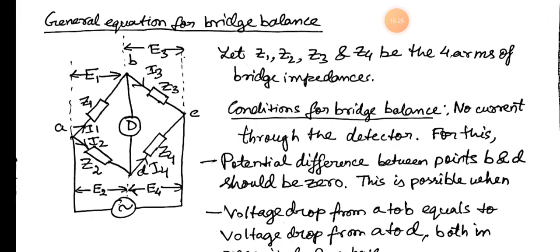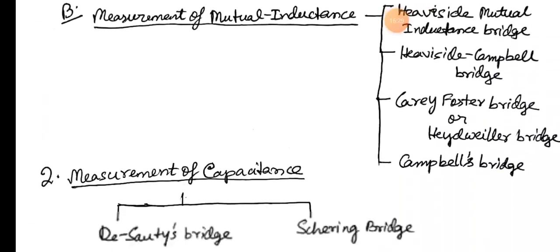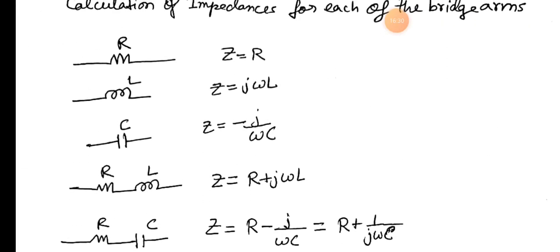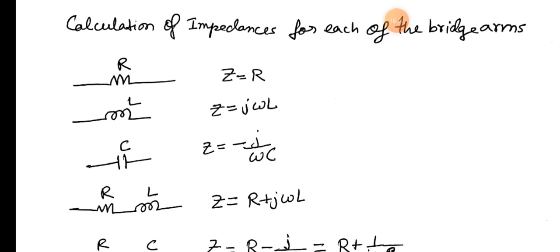So I thought of making another chart, which is this one, to show that when each of the passive elements is in the bridge arms, those arms will have Z as follows.